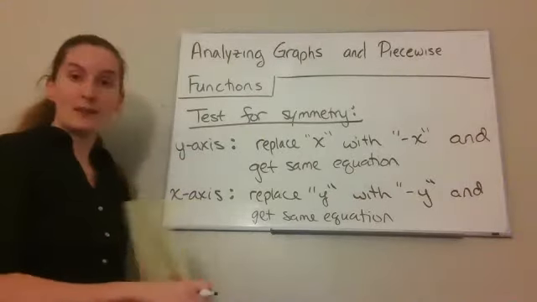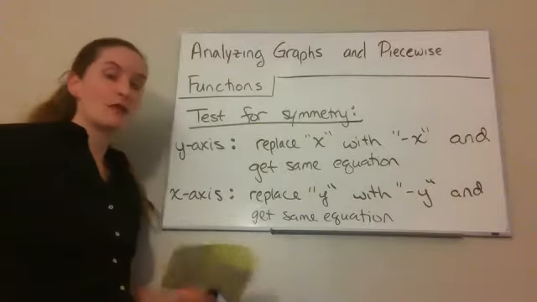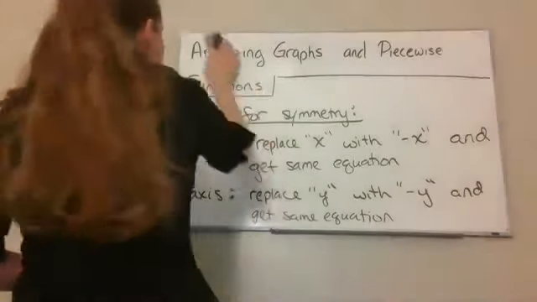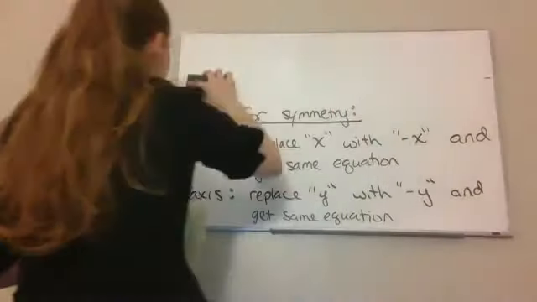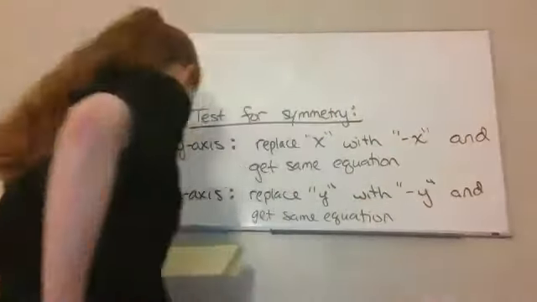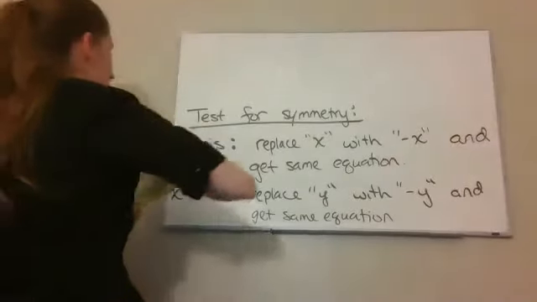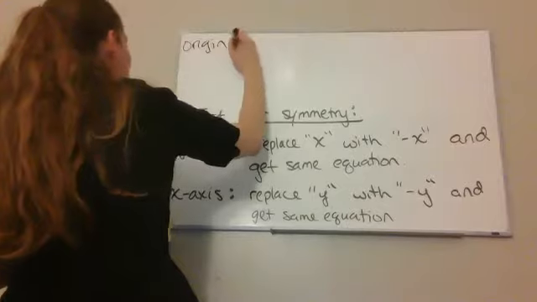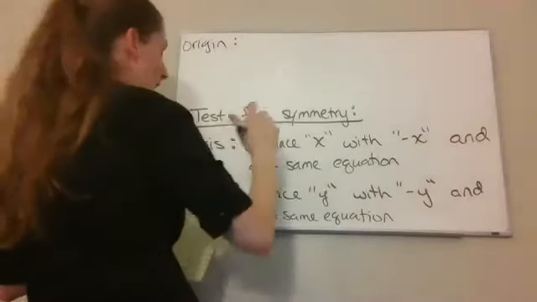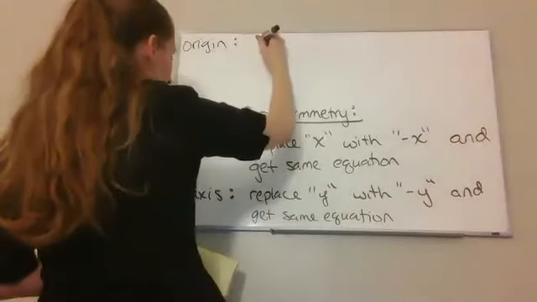And our one other type of symmetry is symmetry with respect to the origin. So the graph of the equation is symmetric with respect to the origin if you do both of these things and get the same equation.